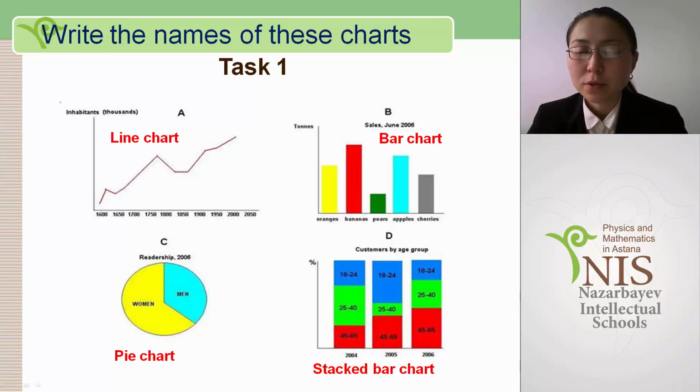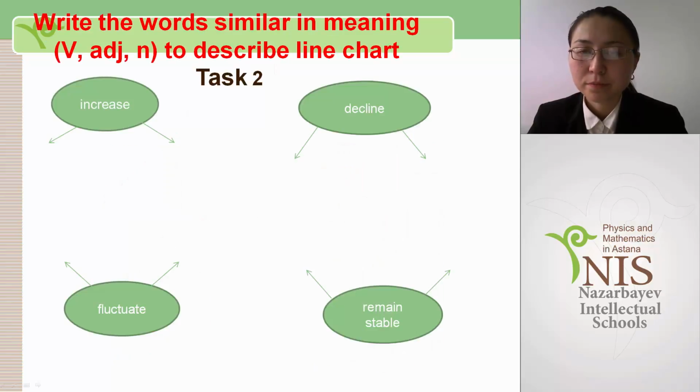The next step we're going to do today, in order to do any IELTS task 1, to write and to describe the charts, we need to know some specific vocabulary. Let's look at the following picture. The task for you is the following. You should write the words similar in meaning.